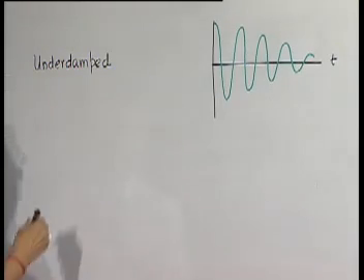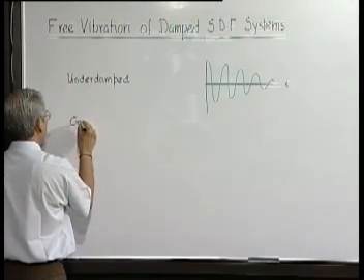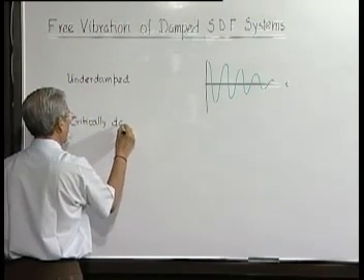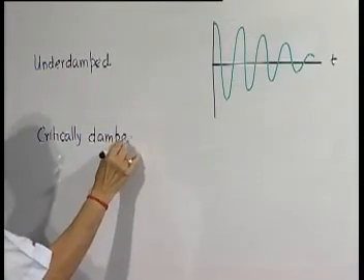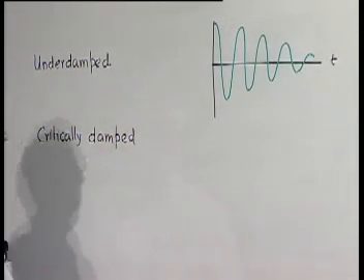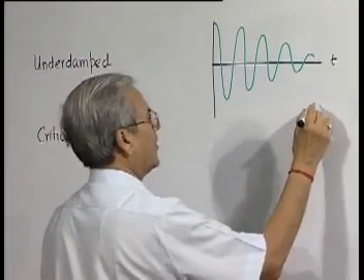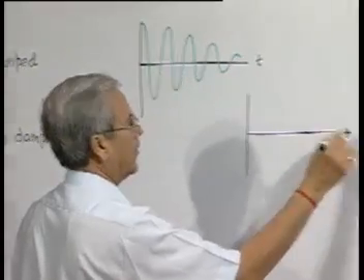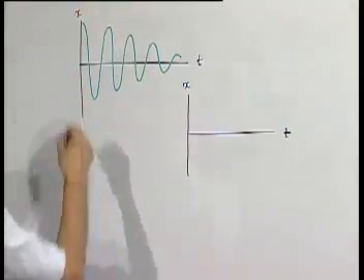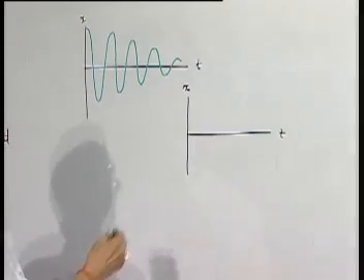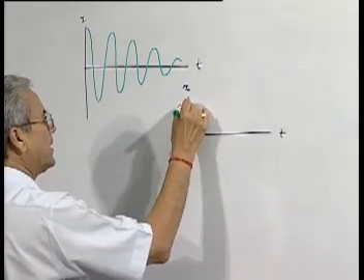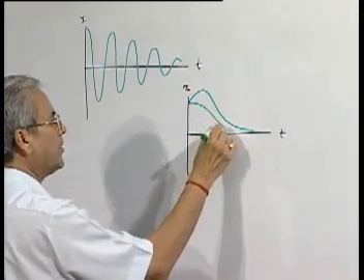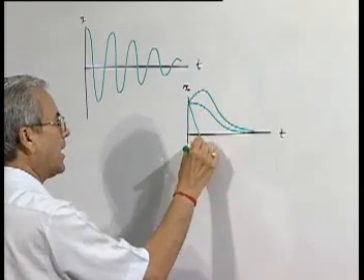If the system is critically damped, then the system can behave like this: if you push it like this, it will go like this. If you just leave it here, it will go like this, and if you push it down hard enough, it will go like this.